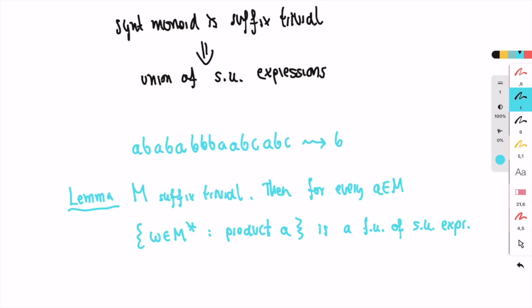Okay. This will imply that every recognized language is such a finite union, because if you take a homomorphism into a suffix trivial monoid, then you take the accepting set, then you take the words in the monoid which have a value, a product in the accepting set. This by the lemma is going to be a suffix unambiguous expression, and then you substitute, instead of the monoid elements, the letters of the input alphabet which get mapped to those elements.